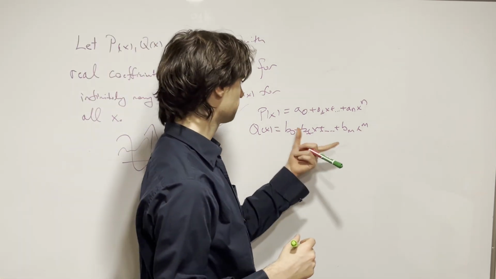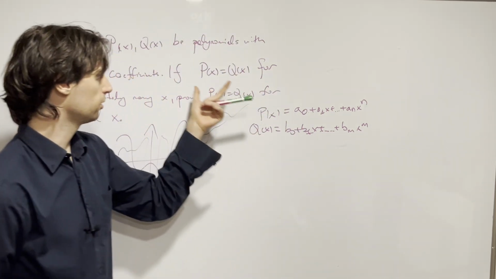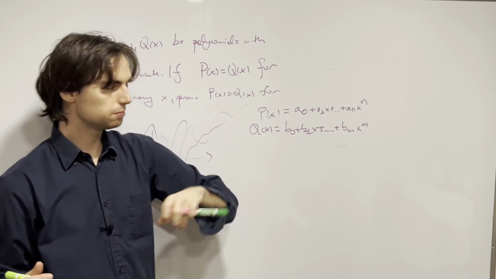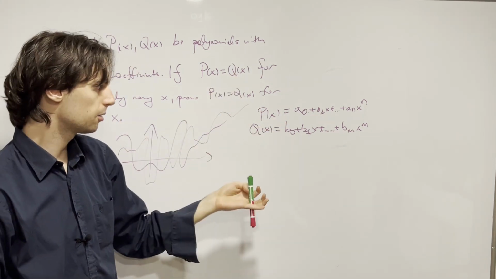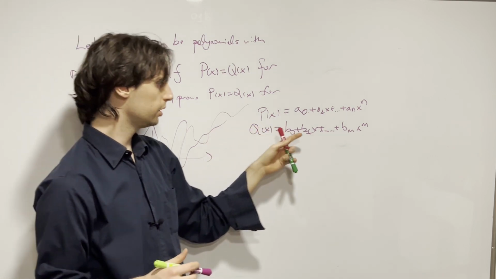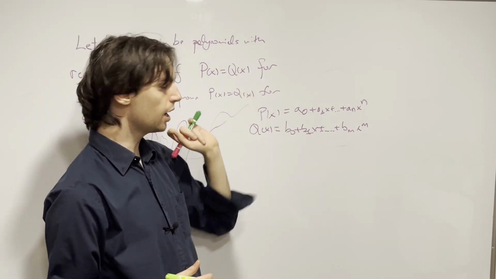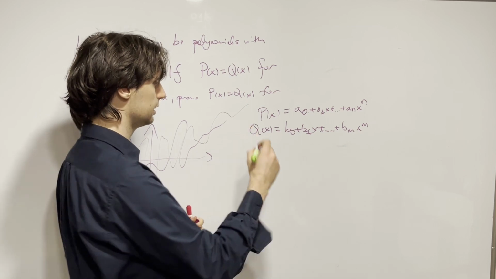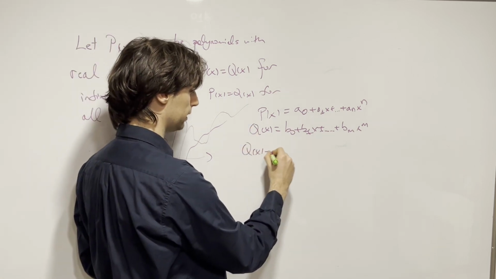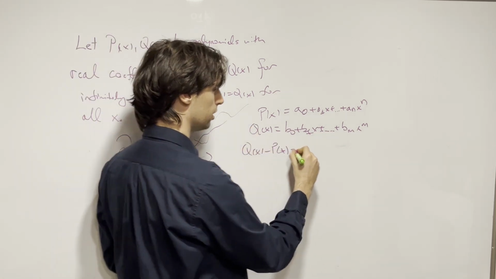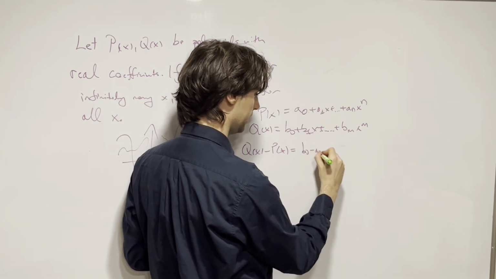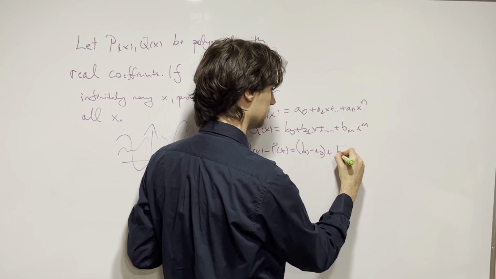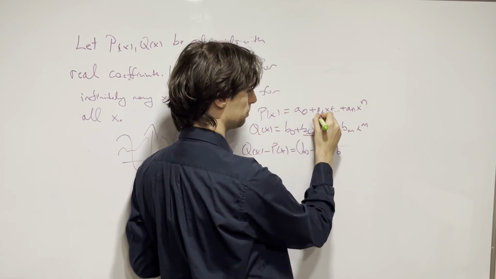So now, how do you use this condition of equality? Well, you can use this condition, but you don't know what these x's are. But you can use a subtraction. If you subtract q of x minus p of x, you're going to have, say, b0 minus a0 plus b1x minus a1x.